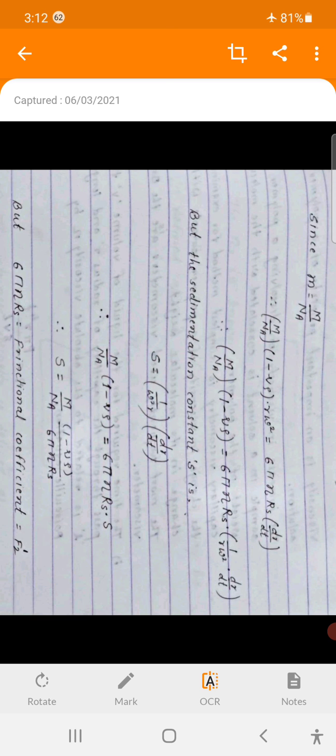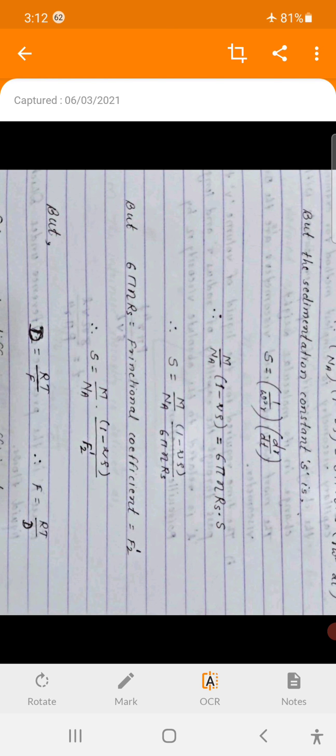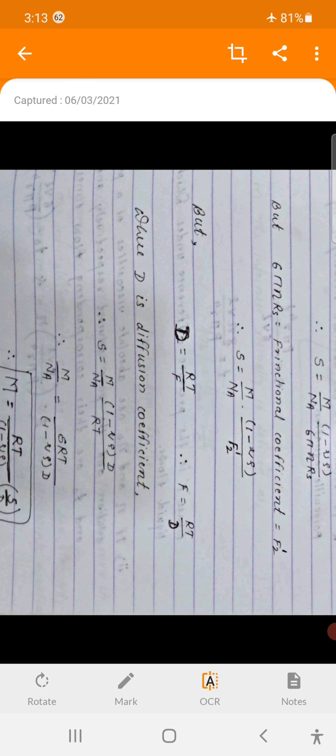Substituting S in the above equation, we get M upon Na into in bracket 1 minus mu into rho equal to 6 pi eta Rs into sedimentation constant S. Therefore, S is equal to M upon Na in bracket 1 minus mu into rho upon 6 pi eta Rs.